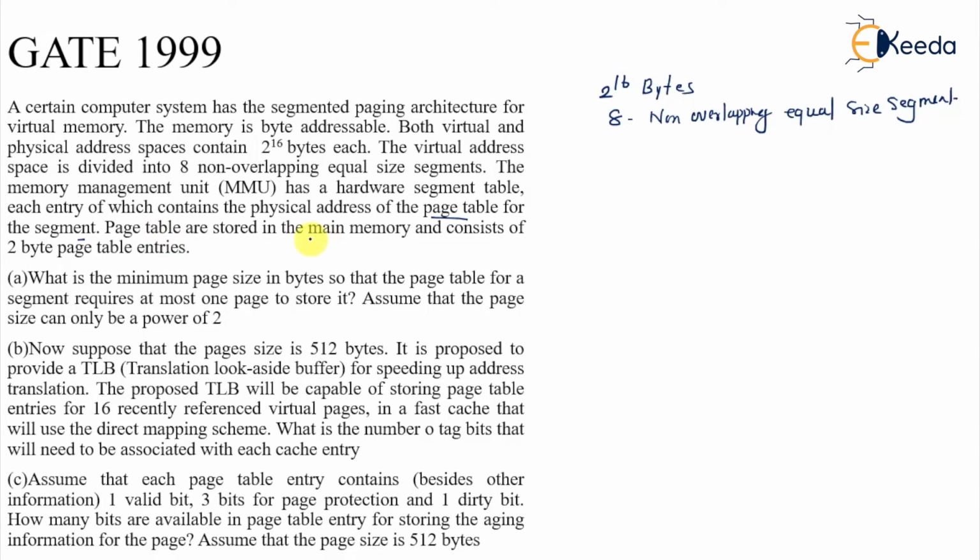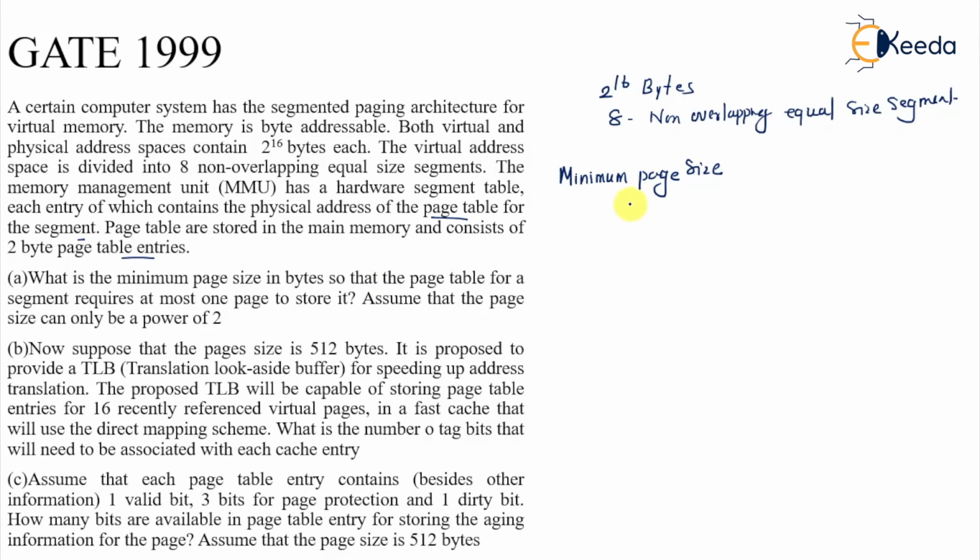The page table, stored in memory, consists of 2-byte page table entries. Let's come back here. What is the minimum page size? We have to find the minimum page size in bytes so that the page table of a segment requires at most 1 page to store.